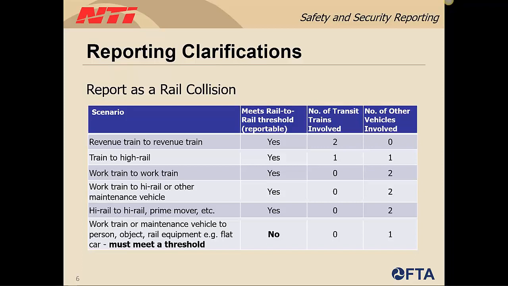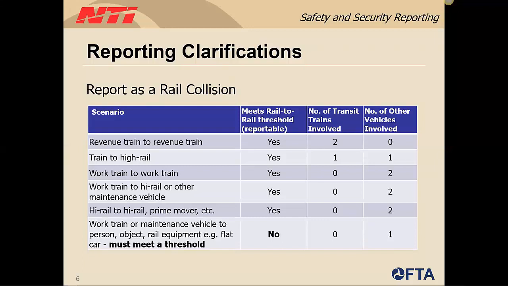For a revenue train to a high rail or other maintenance vehicle collision, you would include 1 train and 1 other vehicle. If the collision's between 2 maintenance vehicles, then you don't include any trains, but you include 2 other vehicle forms. All of these, again, still meet that rail-to-rail reporting threshold.